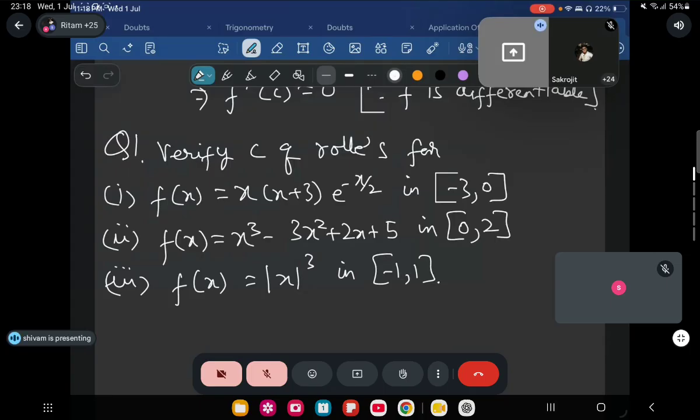Yes, Aditya, part 1 is correct. Sohan, part 1 is correct.